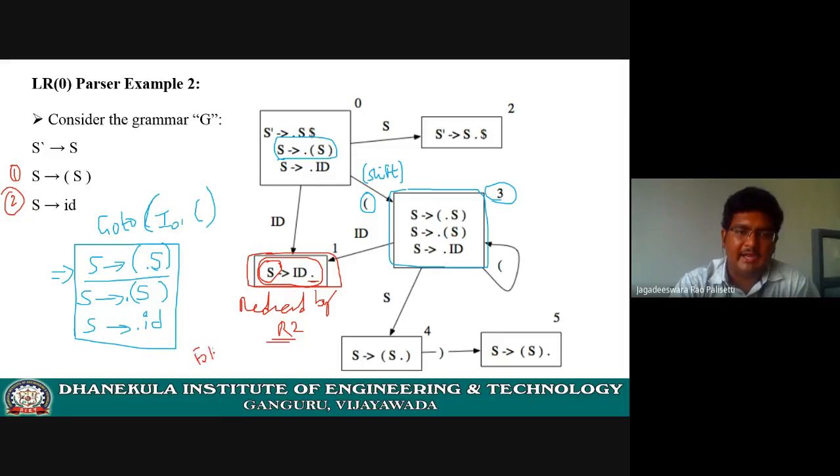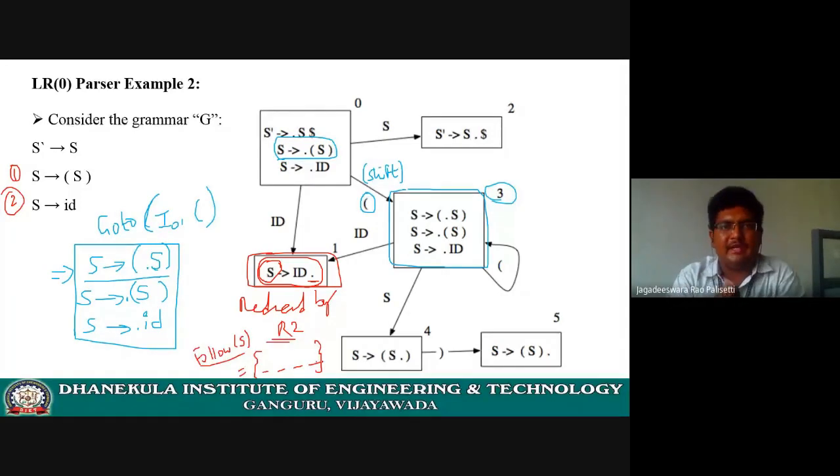We compute Follow of S, which gives a set of terminals, and only in those columns we write R2. That is the only difference between LR(0) and SLR.